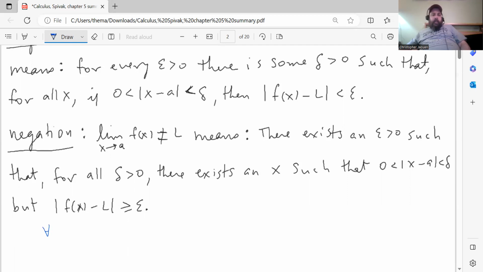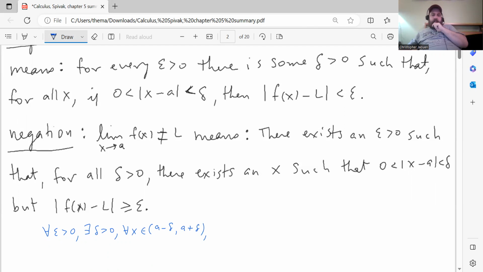For all epsilon greater than 0, there exists delta greater than 0, such that for all x in the interval from a minus delta to a plus delta. Let me think if I want to write it that way.